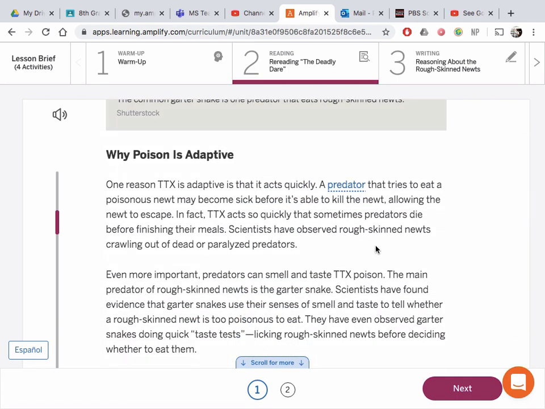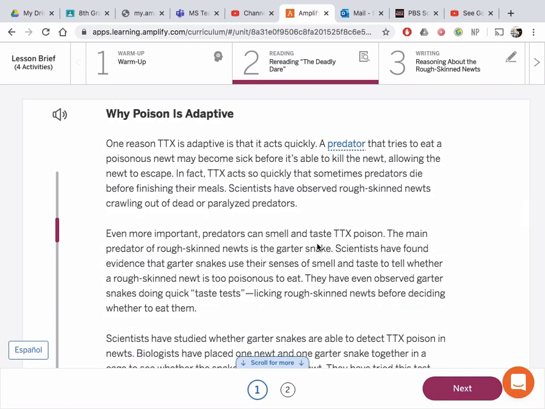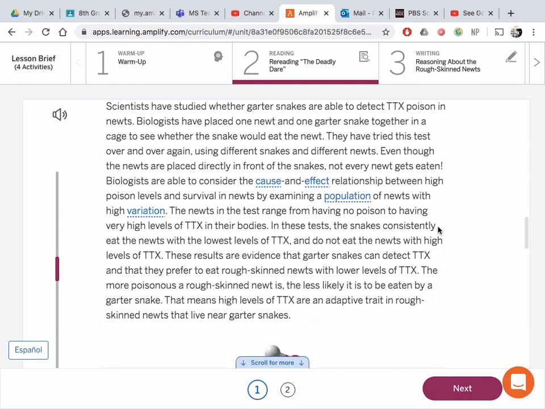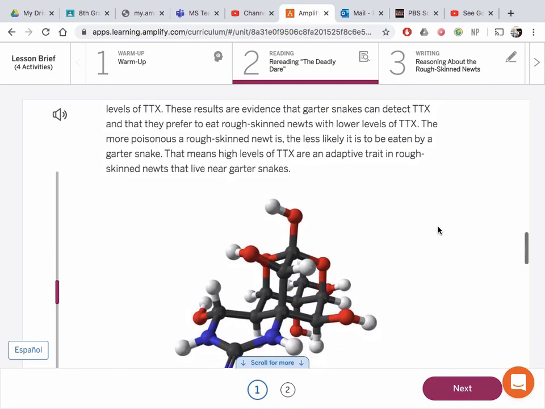Snakes have the ability to smell and taste the TTX poison before they fully eat the newt. So sometimes they can smell it, and sometimes they might do a quick lick taste test and be able to tell the level of poison in the newt.